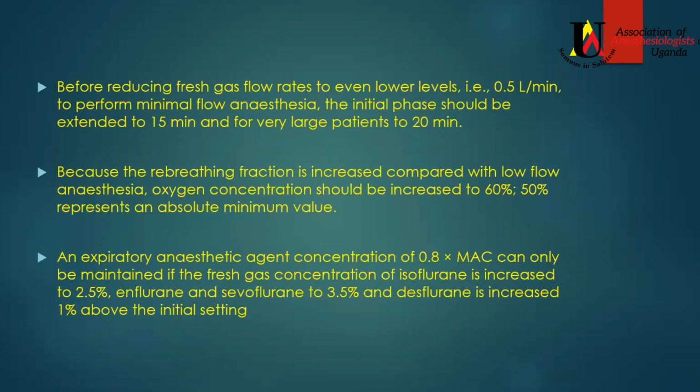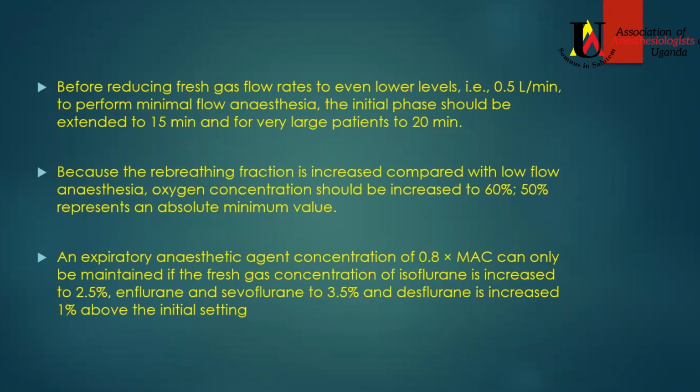Because the rebreathing fraction is increased compared with low flow anesthesia, oxygen concentration should be increased to 60%. Okay, you notice at 1 liter, you're going to run 50%. If you go to 0.5, you have to go above to 60%, with 50 being the absolute minimum if you're going to run minimal flow anesthesia.